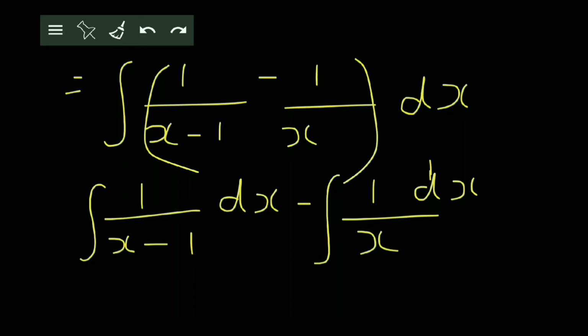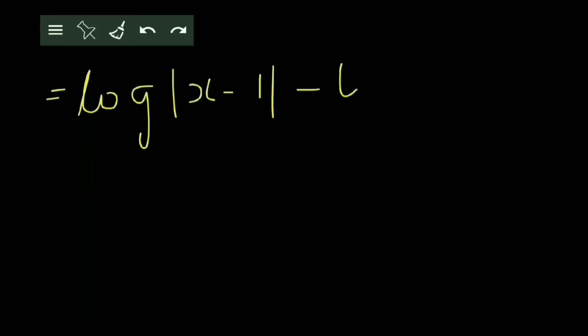And if you remember, when we use a log, we write the answer in the mod sign. So here, the answer which we get is log mod of x minus 1 minus log mod of x plus c. I told you last time that writing plus c is very, very important.